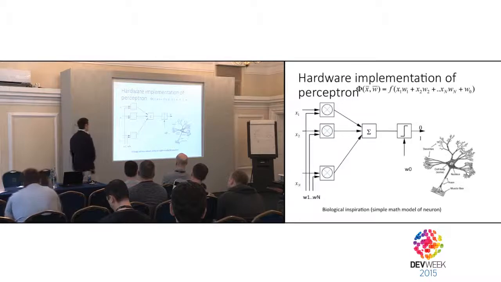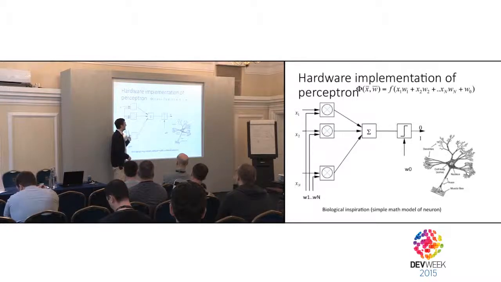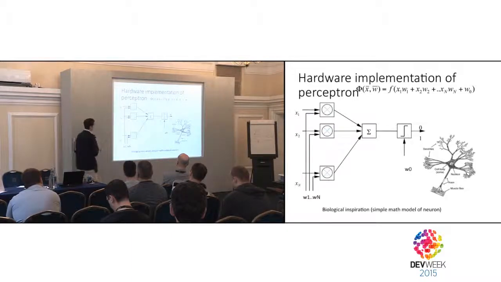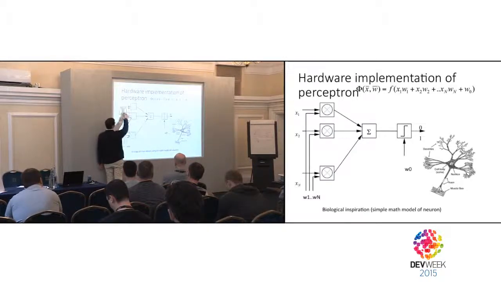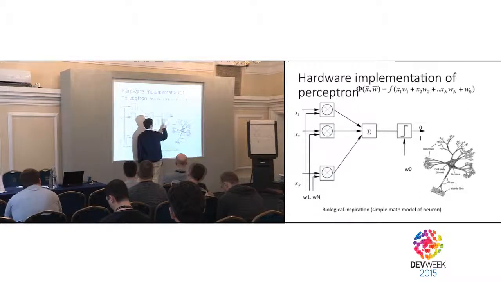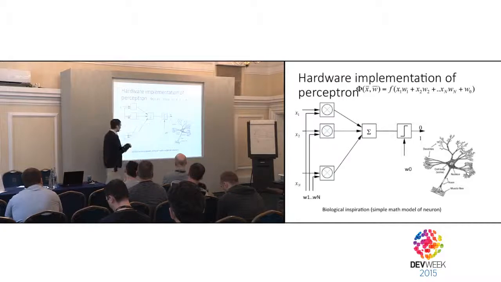An extremely important thing is to understand the similarity between the linear decision rule and the so-called perceptron. If we think about hardware implementation of the linear decision rule, then we see that it consists of several multipliers which multiply input by a corresponding weight, then make addition, and then compute this activation function with a bias that shifts the expression to the left and right with respect to this critical point.